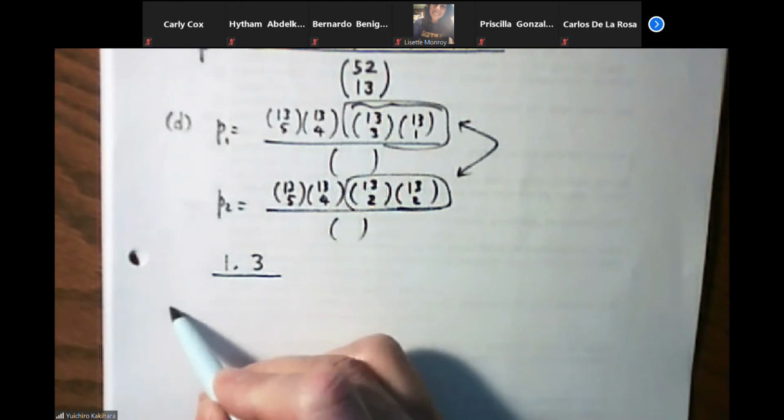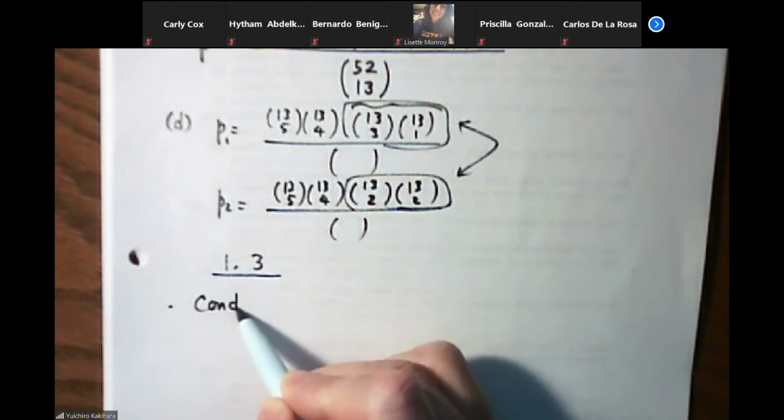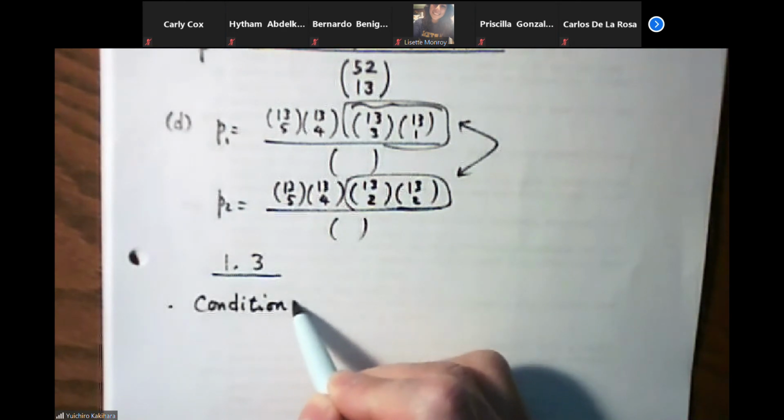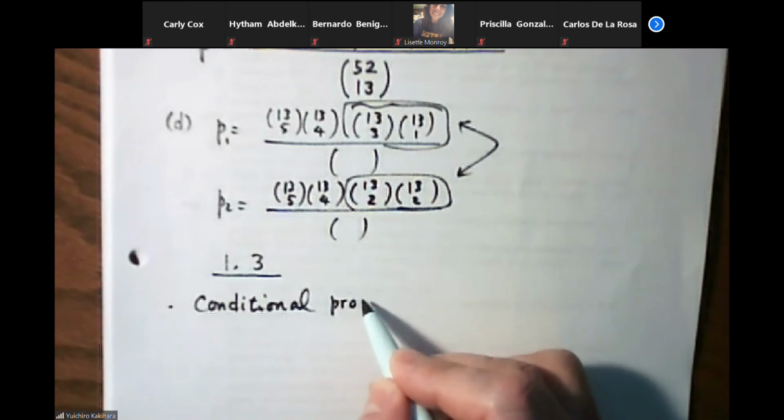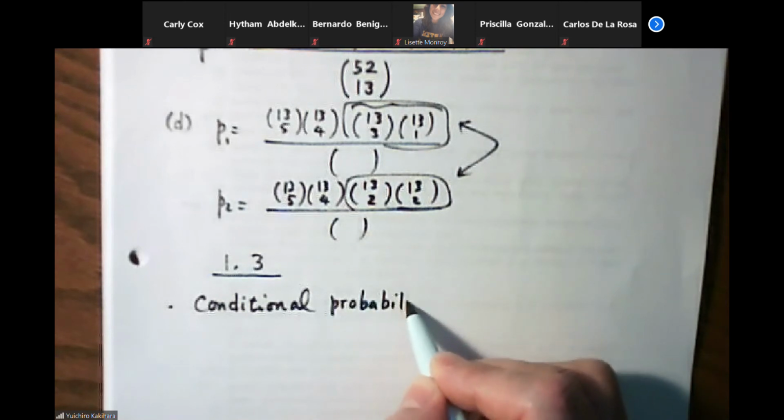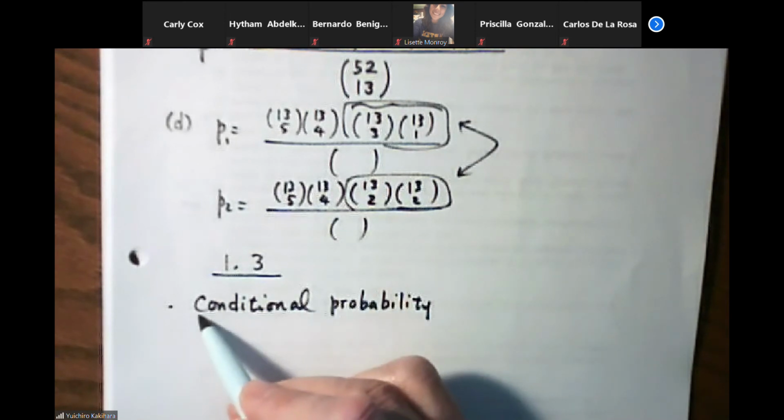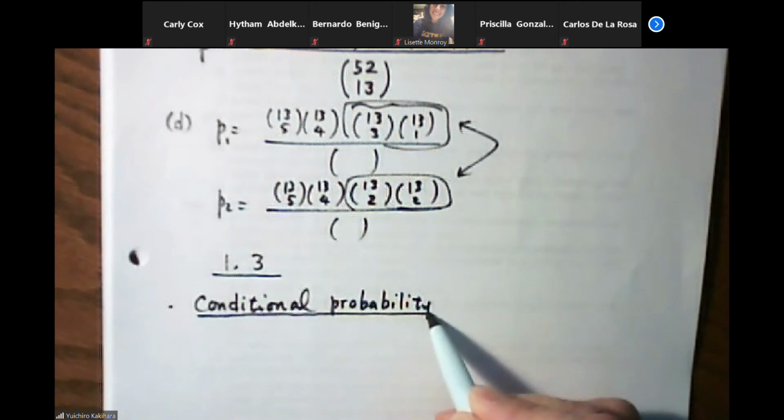In this section, we define the conditional probability. Remember this conditional probability: the conditional probability of A given B.